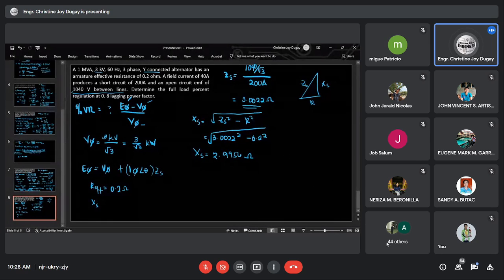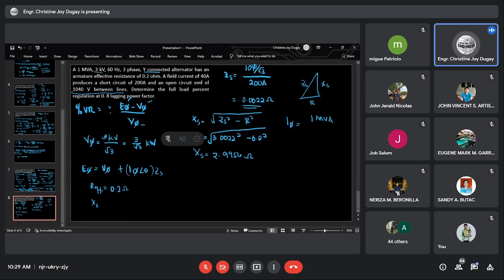So, meron na tayong value ni XS, pero kulang pa. What is now the value of our current? I-phase natin kanina, so that can be solved from using S. So, I-phase natin is S natin, which is 1 MVA, divide nyo siya ng 3 times the V phase, which is 3 over square root of 3.